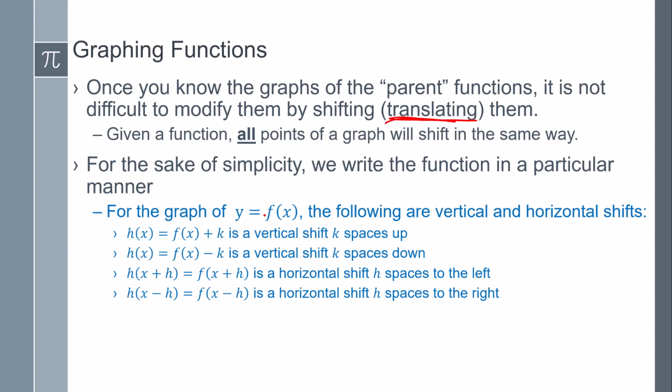If you have some sort of graph f of x, and you have some number that you're adding on the outside of your function, we call that the k. What's going to happen is it's going to shift your graph up or down. Notice it says plus k shifts up that many spaces. Minus k is going to shift down those spaces.